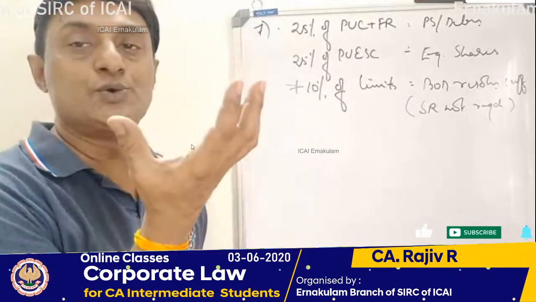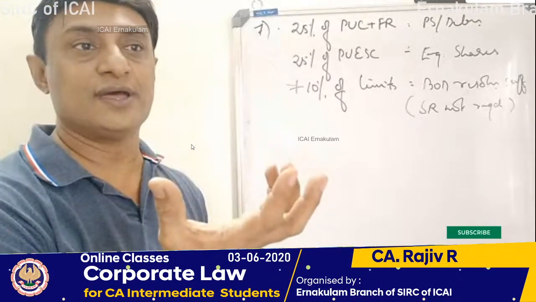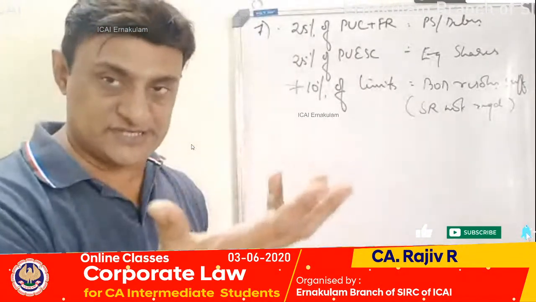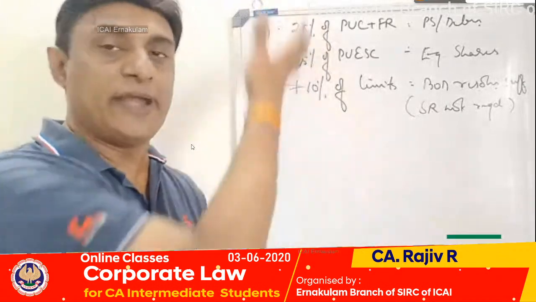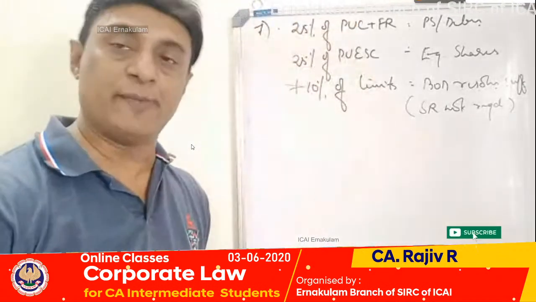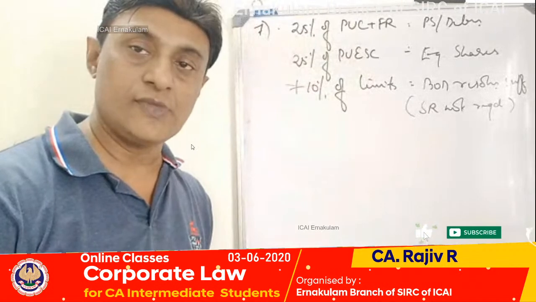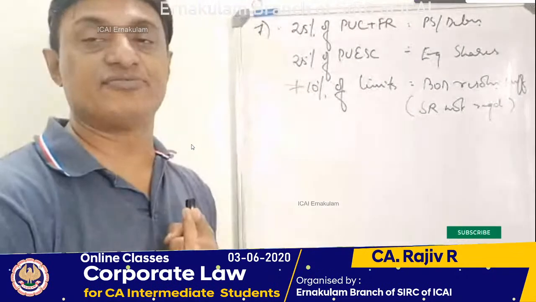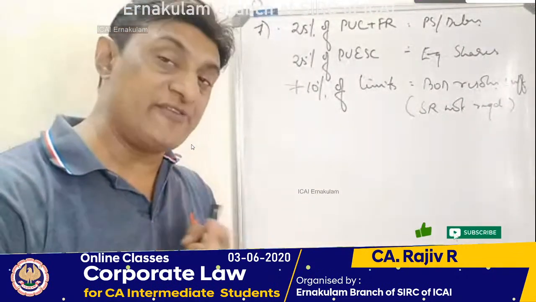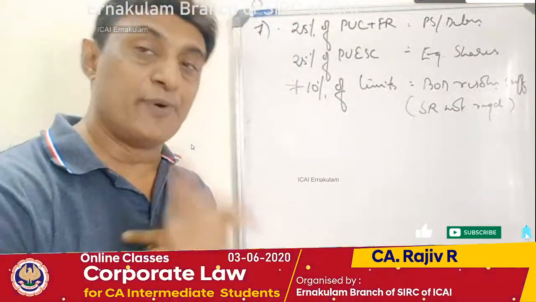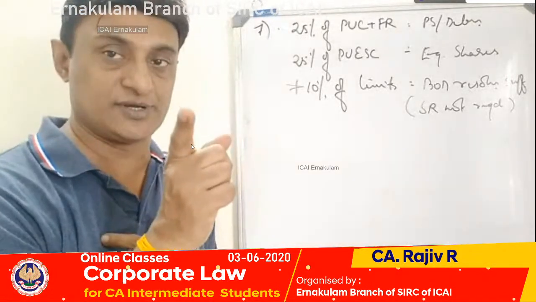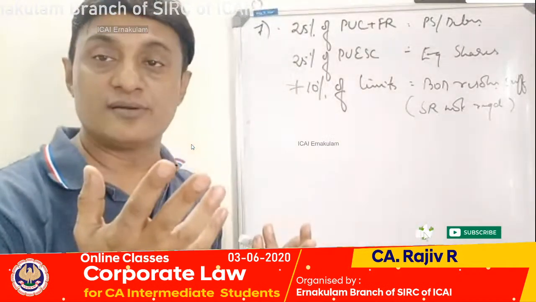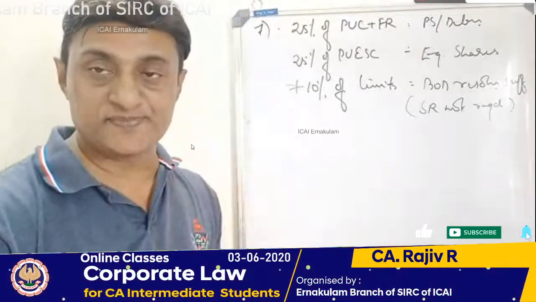So the board resolution is sufficient when the buyback is restricted to 10% of the paid up capital and free reserves or 10% of paid up equity share capital. So 0 to 10%, board resolution enough. 10% to 25%, board resolution plus special resolution. Above 25%, not possible. The limit is 25%.